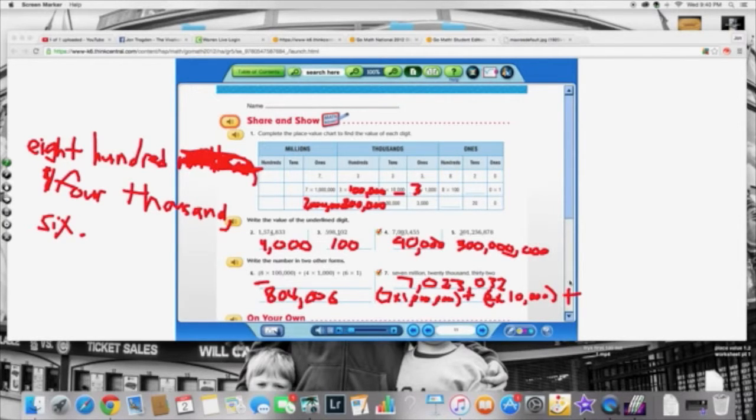Plus 3,000. So 3 times 1,000. Plus 30, which is 3 times 10. That's 30. Plus 2 times 1. And then you can obviously get it to fit in there a little bit easier than I can.